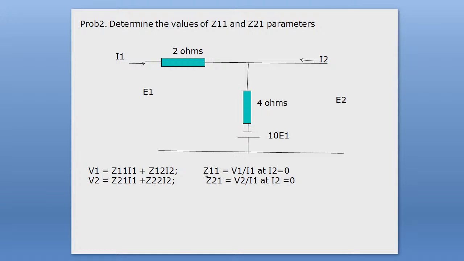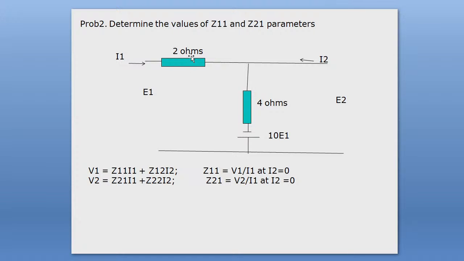To calculate Z11 we need the ratio of V1 and I1, and these two variables are associated with port 1. So we will first consider port 1 and apply Kirchhoff voltage law.